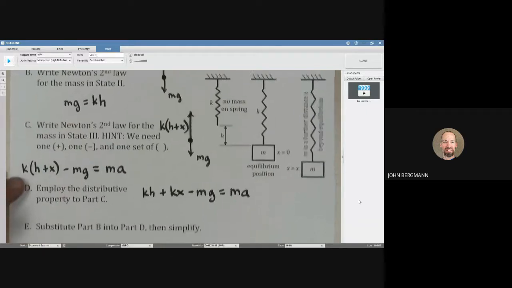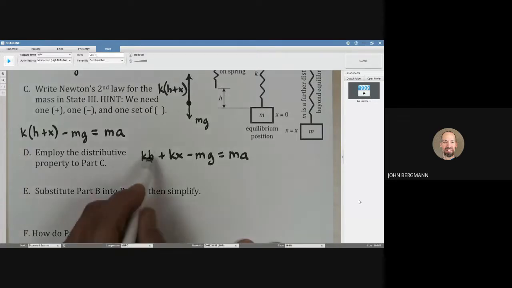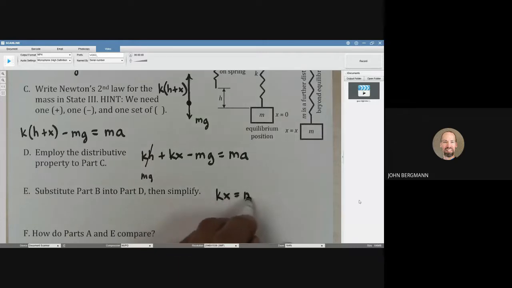Well, if mg is equal to k times h, then in part D, I can say k times h, that's m times g minus m times g. Oh, well, that gives us k times x is equal to the mass times the acceleration.